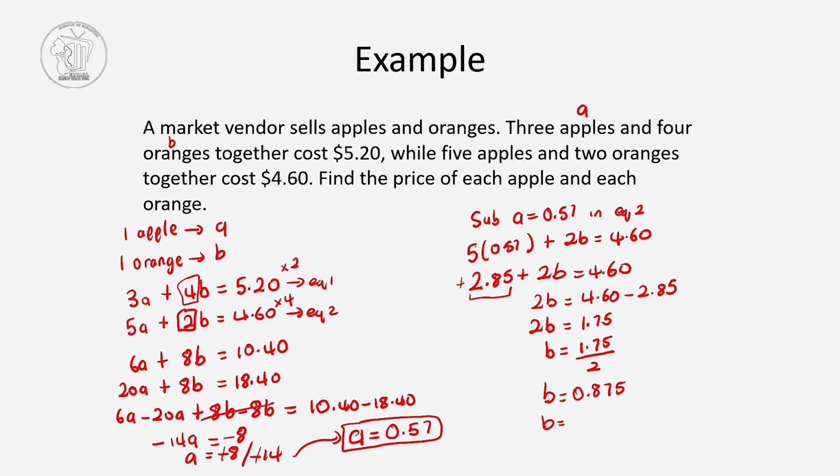Since we deal with money, we can round off to 2 decimal places, so $0.88. To answer the question, we can say therefore 1 apple costs $0.57 and 1 orange costs $0.88.